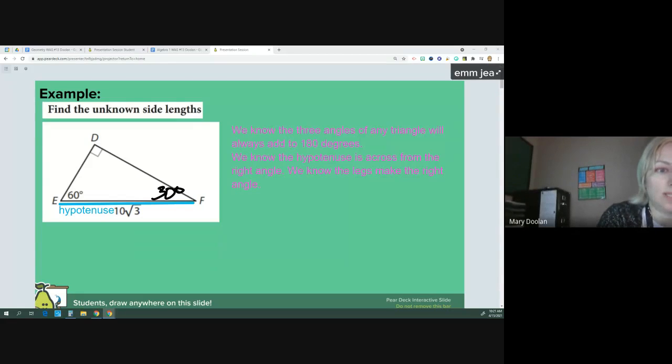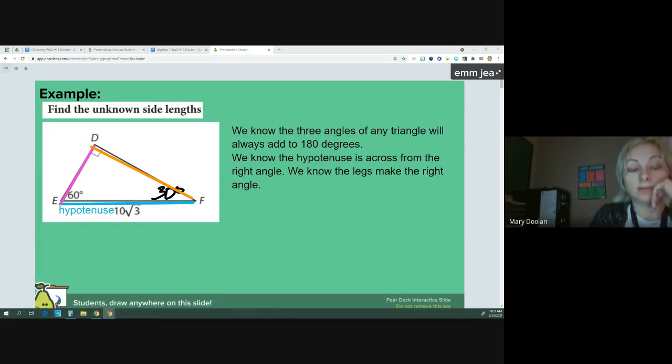we have ED here, and we have DF. Okay, these legs are going to be different lengths because it's a 30, 60, 90 triangle.